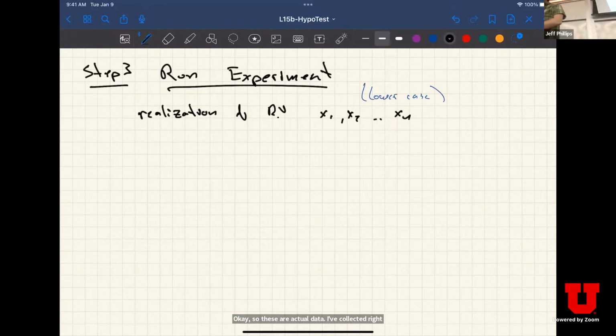I'm then going to create the realization of the test statistic.